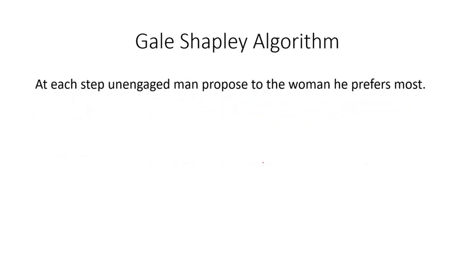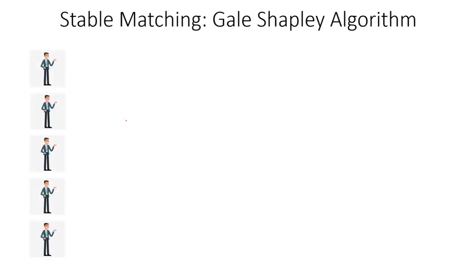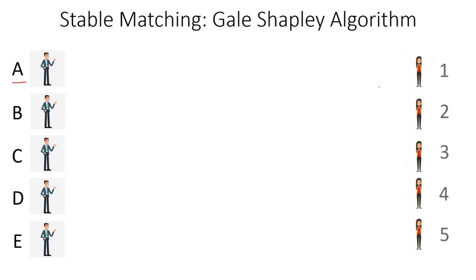So in this algorithm, at each step, a man offers to the woman that he prefers most. So again, let's go back to the initial situation when we have 5 single boys and 5 single girls, and each boy is denoted with an alphabetic letter, while the girls have unique ID numbers.